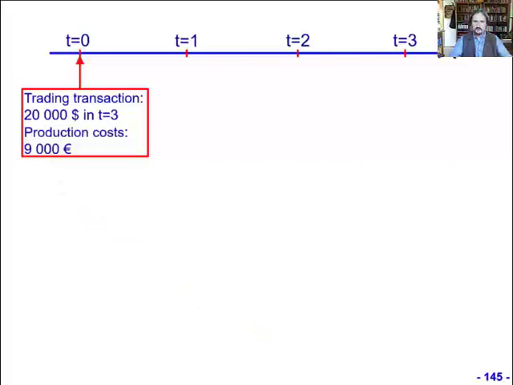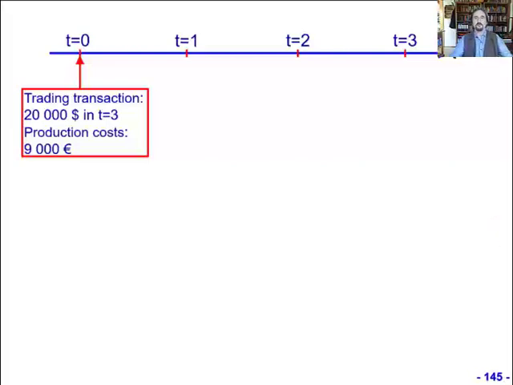Since the car producer produces the car in the euro area, the production costs must typically be paid in euro. So, as a result, we have a currency discrepancy. The revenue will come in dollar while the costs have to be paid in euro.